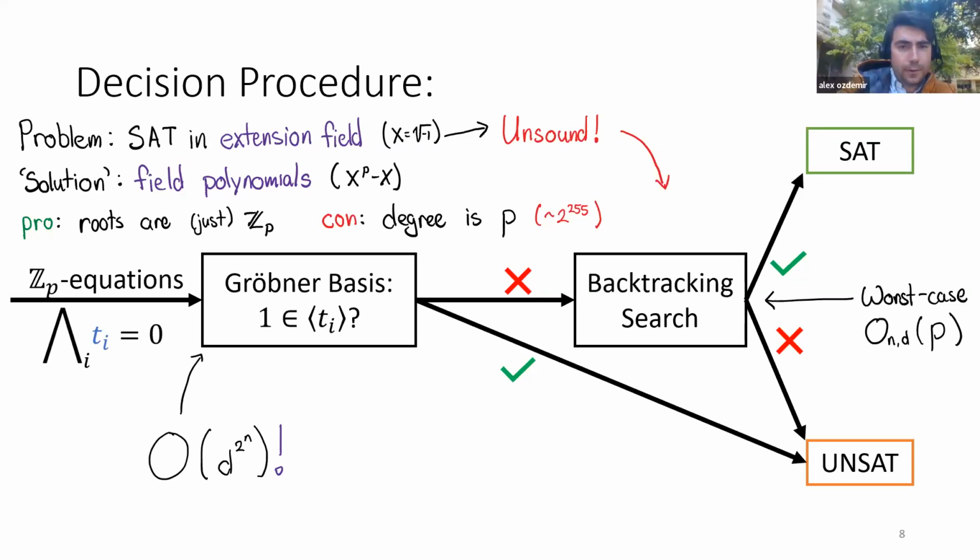I think it's good to think about an example. So x squared plus 1 generates an ideal that doesn't contain 1. But this polynomial has no roots, for example, in Z3. I think the reason is that ideal membership and satisfiability are not actually equivalent.